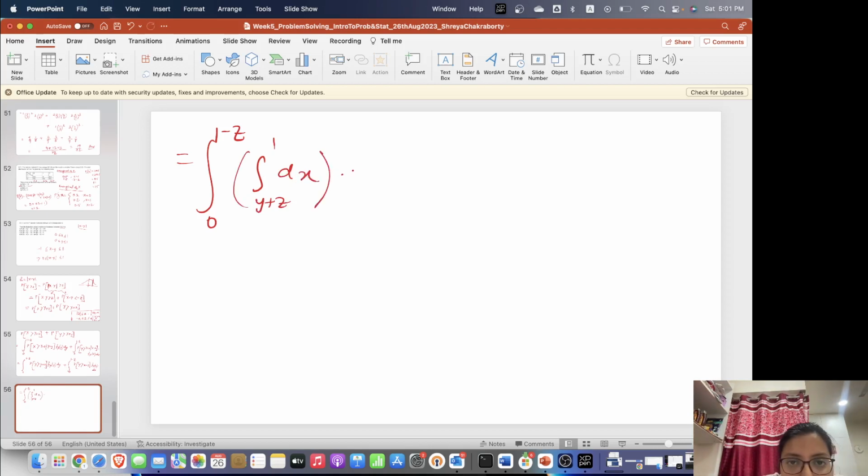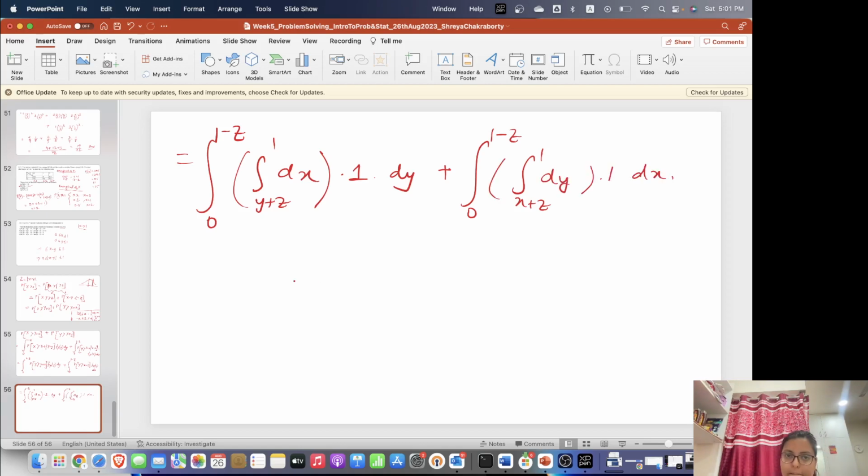into f_Y(y) dy, which is 1, plus here also 0 to 1 minus z, this will be x plus z to 1 dy into 1 dx.